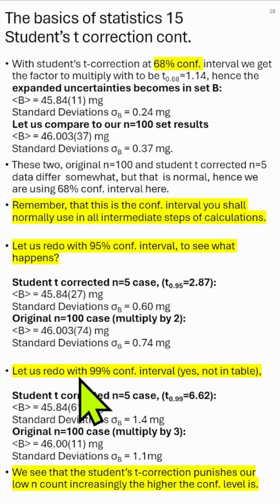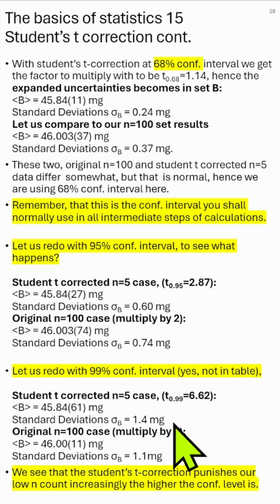And then we can also do a 99% confidence interval. I didn't put those numbers in the student T table, but those tables actually exist as well. And here the correction factor will be 6.62. And if we just look at the change in standard deviation now, we see for the n equals 5 case, the standard deviation is 1.4 milligram, but in the 100 sample case, we should multiply by 3, and this time we get 1.1 milligram.